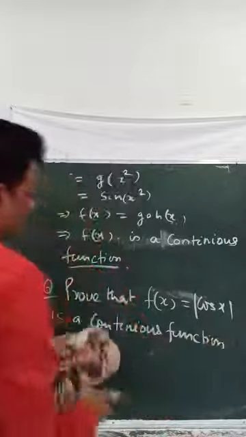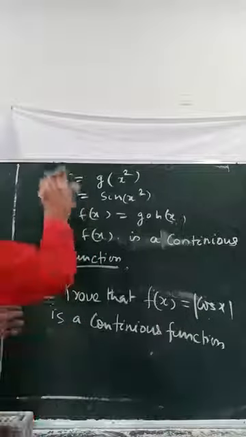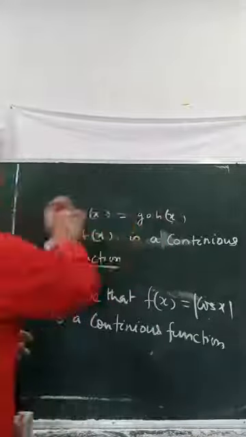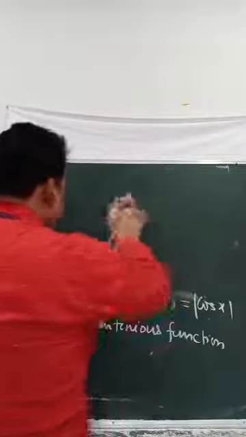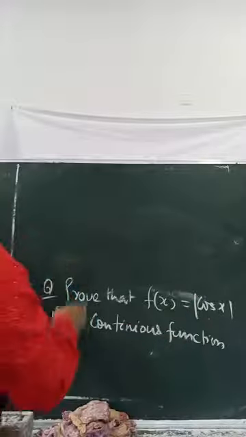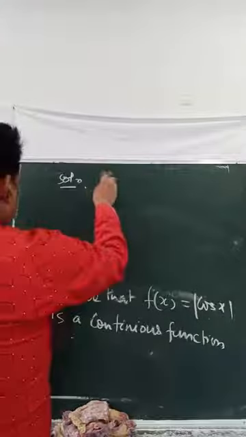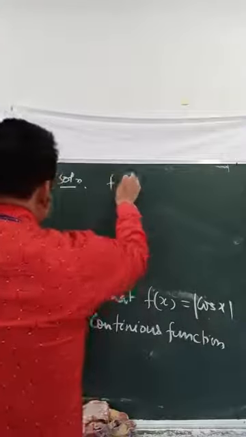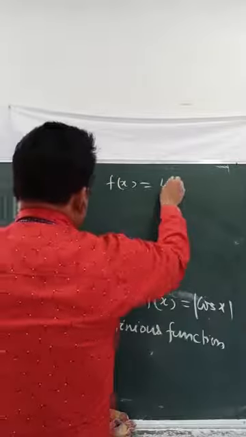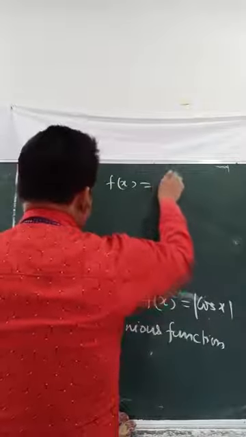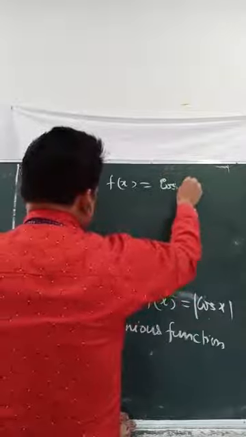So we break it into two parts. One is modulus of x, and the other is cos x. So f(x) is cos of modulus x.